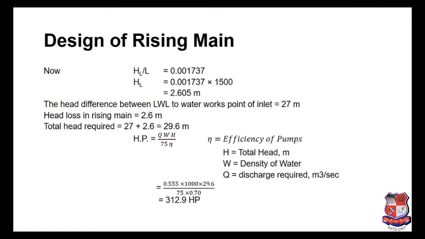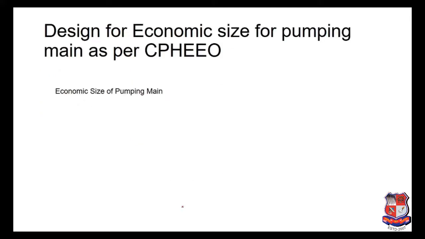So efficiency we are considering here as 70%. You can consider more efficiency also. Here efficiency is not given, but we have considered 70% efficiency. So from here the HP required is 312.9 HP. Using this we can select the pump also, but this is for the academic purpose.